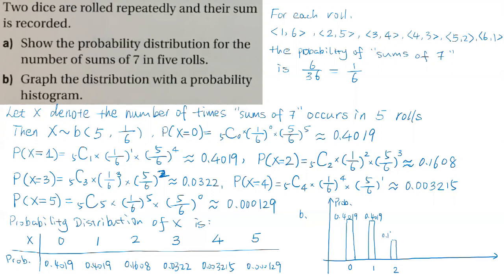Which is 0.1608. Okay, when x is 3, probability is much smaller. Okay, when x is 4, even smaller. Okay, when x is 5, it's probably the smallest, right? Which is 0.000129. Okay, any questions?